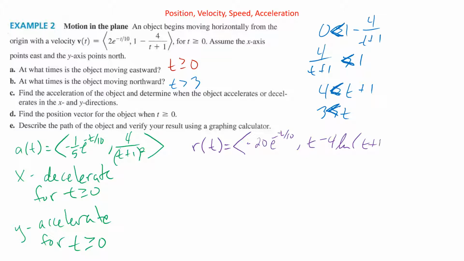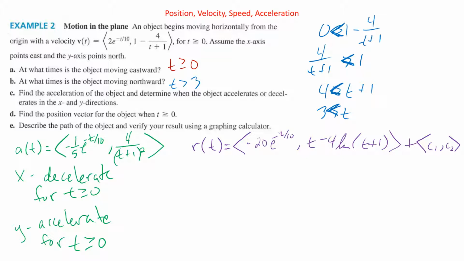Technically, we would want absolute values around the t plus 1. However, t is always greater than 0, so t plus 1 is always greater than 0. So the absolute values are superfluous. And then plus our c. That would be c1, comma c2.